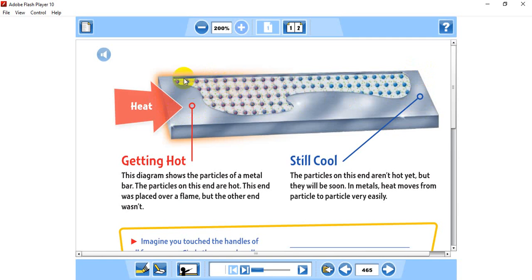It means where the particles hold the heat, and here the particles still don't absorb all the heat, or are not completely heated up by the fire. So the particles in the beginning absorb enough energy, but here not yet. Okay guys.